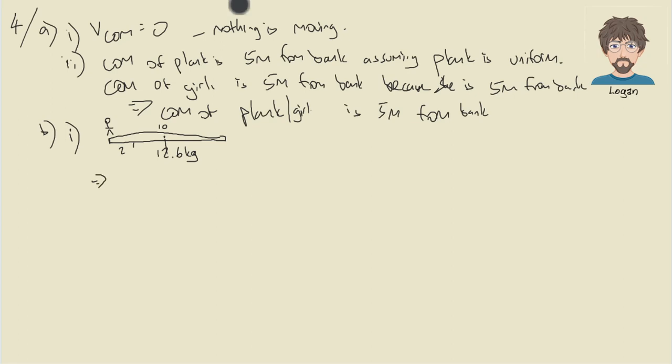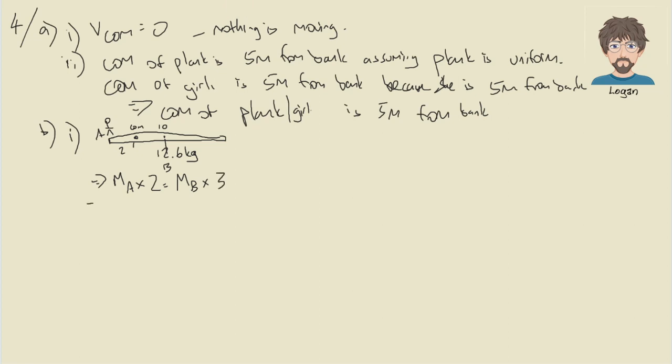So now we'll call her A and the plank B, and we get mass A times 2 equals mass B times, and the centre of mass of the plank is 5 meters from the end, or 3 meters from what we've been told is the centre of mass. So 3.